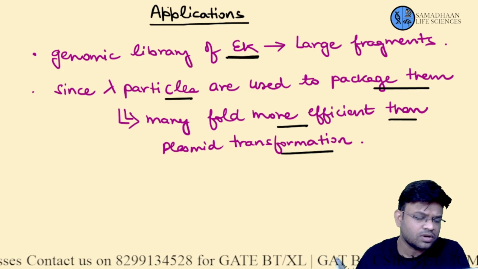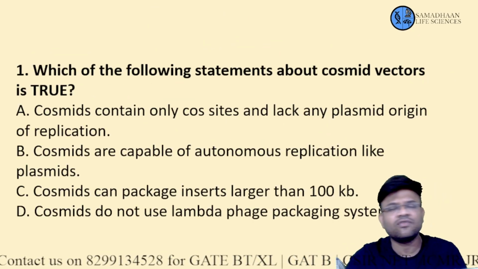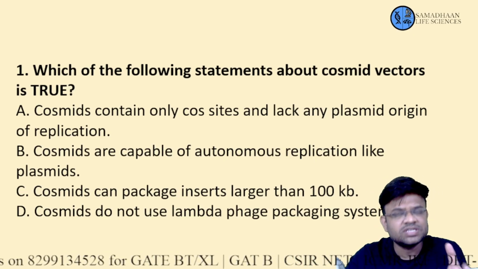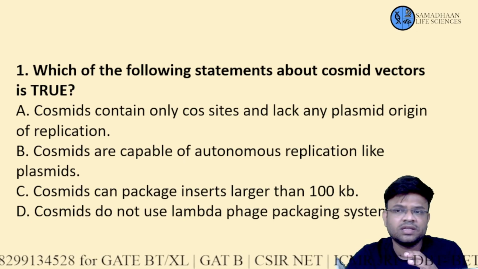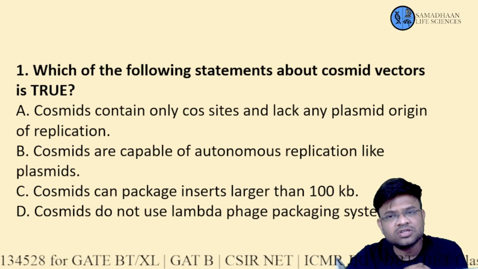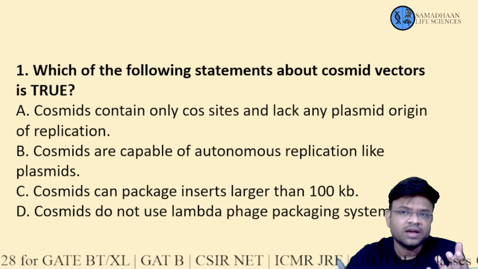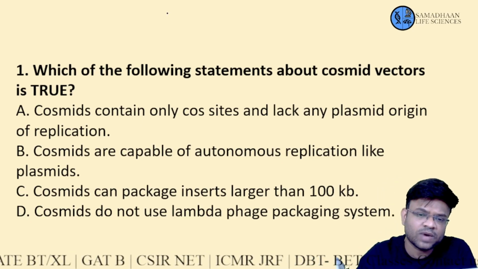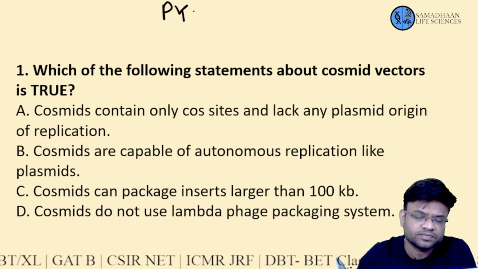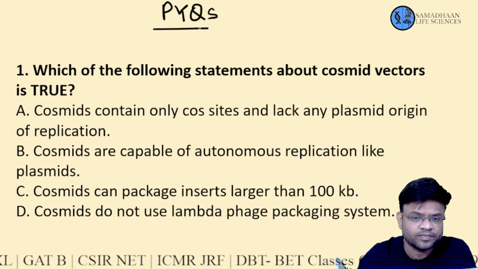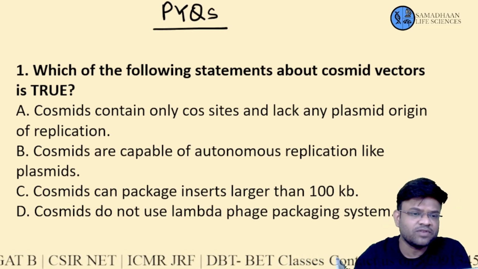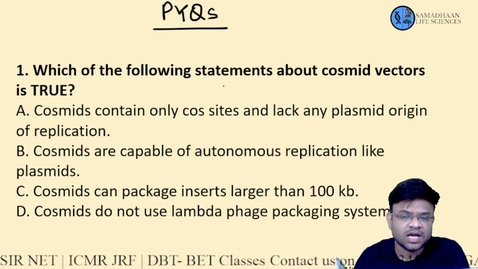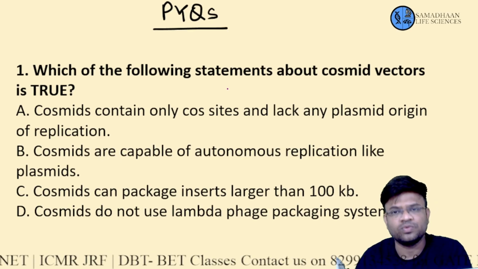Right. So now let us move on, since we have already discussed the features of cosmid vectors, the efficiency of the transfer, and the details with which the cos sites are helpful, terminase enzyme, etc. Now let us move on to the PYQs. The first PYQ that I want to discuss with you is, which of the following statements about cosmid vector is true?